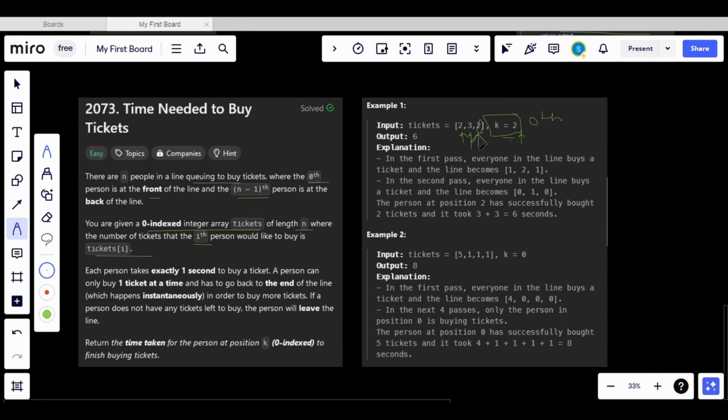So if we look at 2, how many iterations would it take for this 2 to become 0? It would take 2 iterations, because in the first iteration it will become 1, and then in the second iteration, sorry, it will become 0, correct?